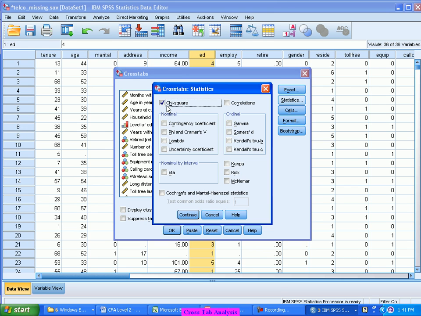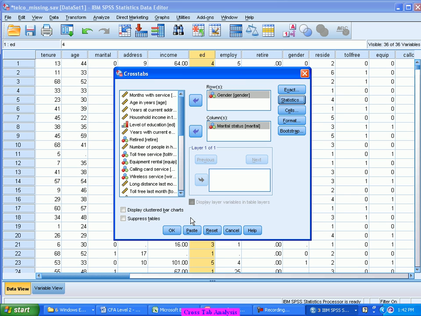Right? Once we get the output, I'll tell you how to interpret that output. The remaining ones are all addendums, but the core analysis required in case of two nominal variables is a chi-square analysis for us. So when I do this chi-square analysis, the rest are all default.